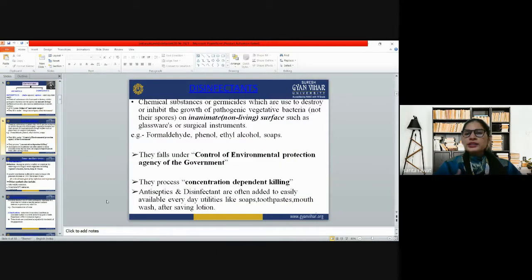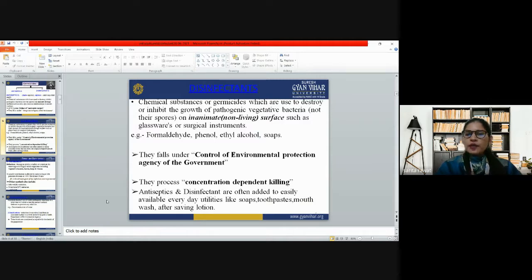Now, coming to the disinfectant, what are disinfectants? Chemical substances or germicides which are used to destroy and inhibit the growth of pathogenic vegetative bacteria, not their spores, on inanimate non-living surfaces such as glasswares and surgical instruments, for example, formaldehyde, phenol, ethyl alcohol, and soaps.